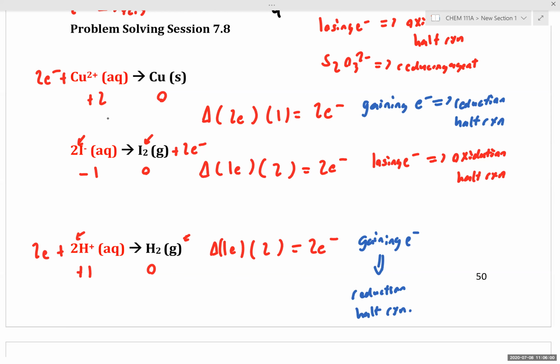And then you have to scale that by multiplying by the number of atoms that changed in oxidation number. And since we have, for example, 2 in this iodide example, we have to multiply our change by 2, since 2 iodines are losing electrons. Does that make sense?